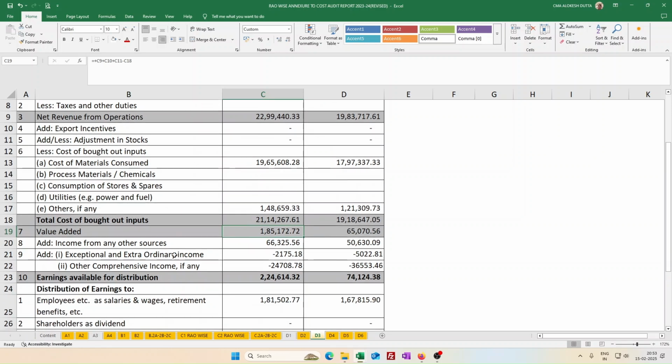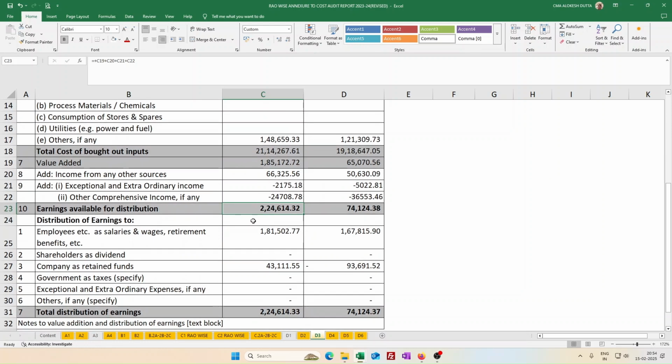Now add income from other sources, exceptional income. This is earning for distribution. That means this is the total earnings of the company to be distributed like this. Keep in mind, employee cost is not here, because for company, employee is also a stakeholder.